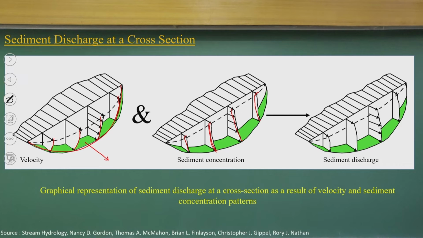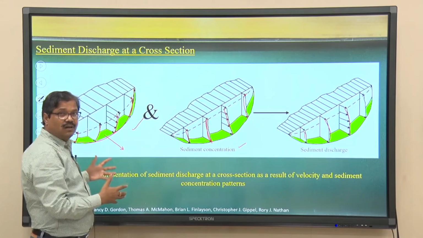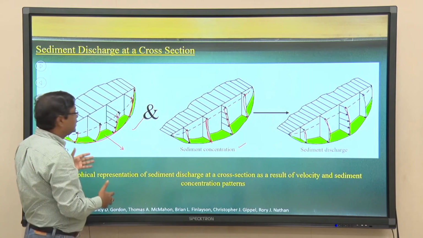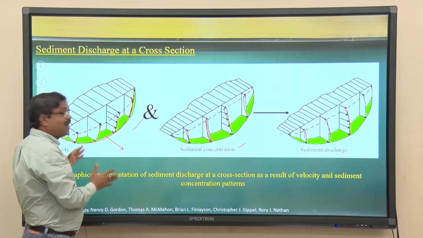The sediment discharge, which is the sediment mass per unit time, is the multiplication of the discharge and the sediment concentration, and they will follow these diagrams. Looking at these, I will talk about how complex river systems are. It is not uniform, it is not a simple channel.